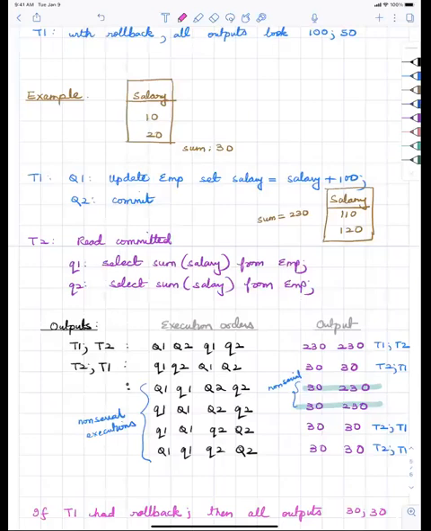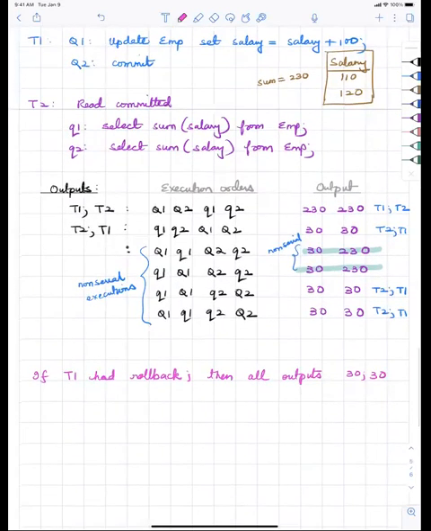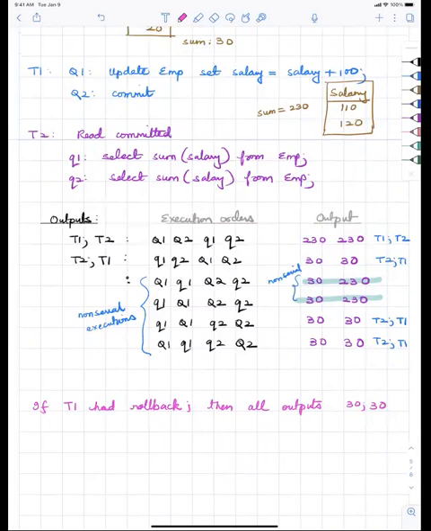And then you have read committed. In read committed, you're always reading whatever has been committed to the database. So in this case, you might see non-serializability like we saw in this particular example, where one query Q1 happened before the commit.